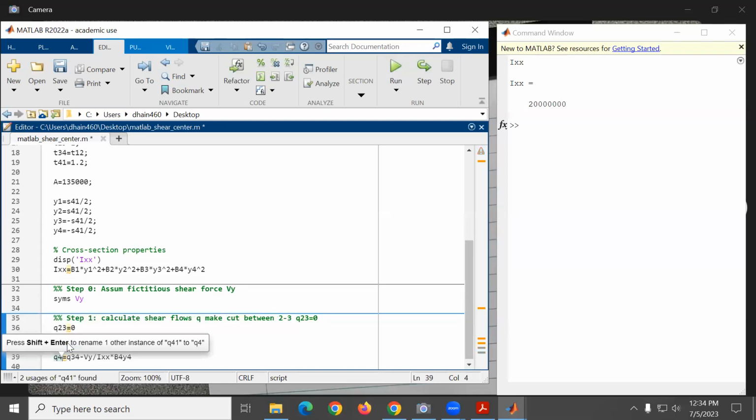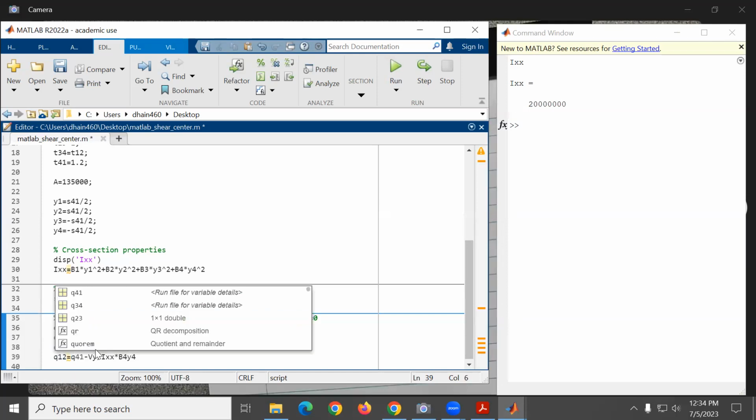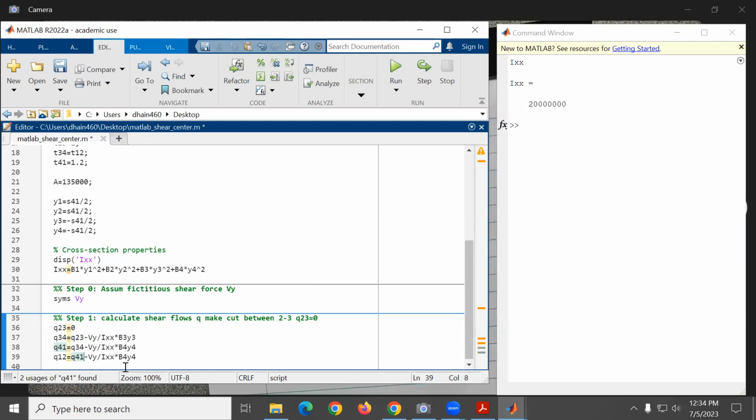Q12. Q12 should be for B1, minus here. Oh, this one is B1 and Y1. And maybe here you can save and run.